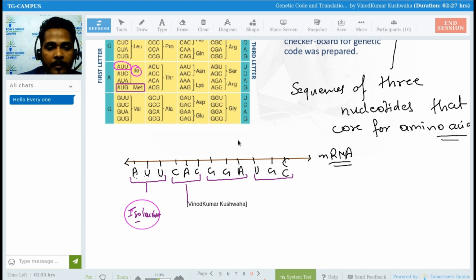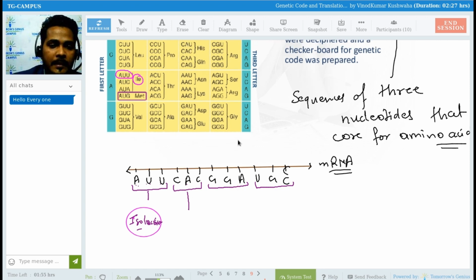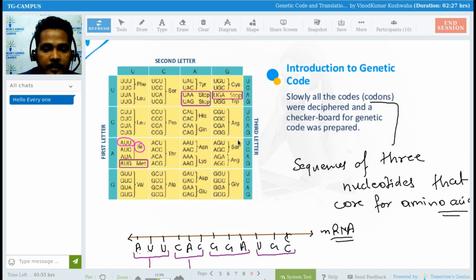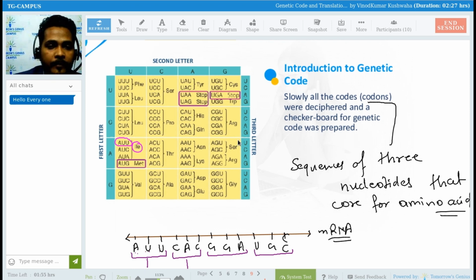Similarly, CAC. Where is CAC? You have to focus on this code C, then A. So here you can see CAC. Yes, it's here. And what is the name of this amino acid?